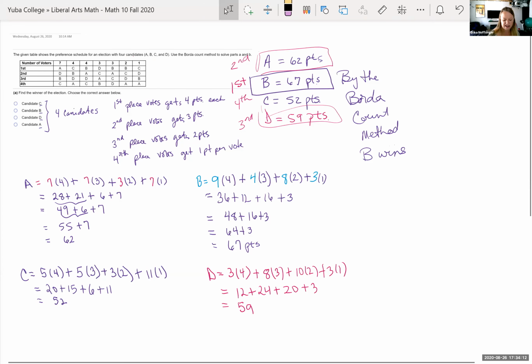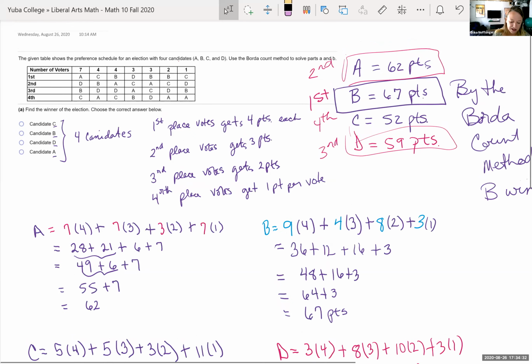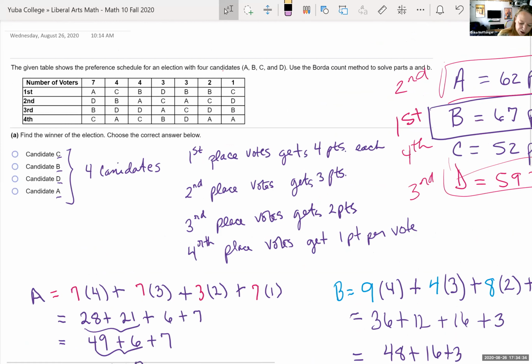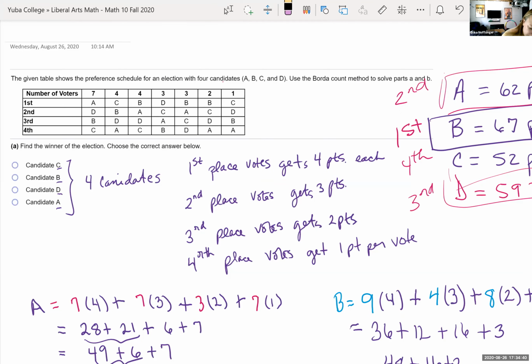Okay, so going back again, I was saying, let's look at if this was the same candidate who would have won if we just looked at plurality. So the plurality method was looking at who had the most first place votes out of everybody, they should be the winner. And so by the plurality method, our first place votes, A has 7.